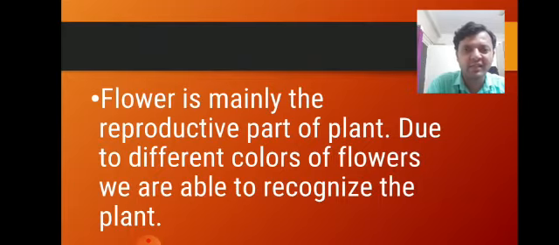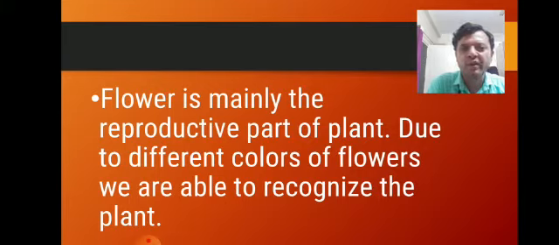Seeds, obviously, and a new plant grows with the help of seeds, which we already saw while we discussed the process of germination. When a new plant grows with the help of a seed, that is called germination. And why are flowers important? Because due to flowers the plant gets fruit, inside the fruit there are seeds, and these seeds grow into a new plant. So a flower is mainly the reproductive part of a plant.